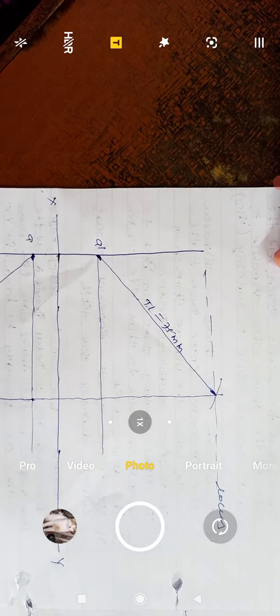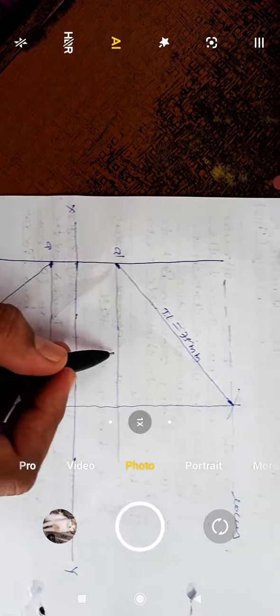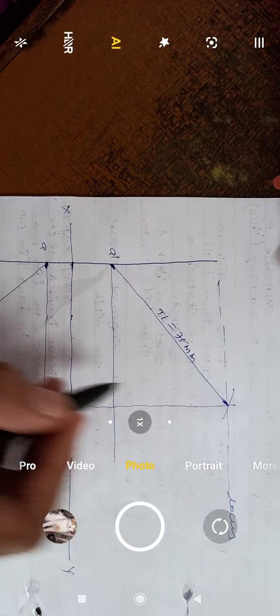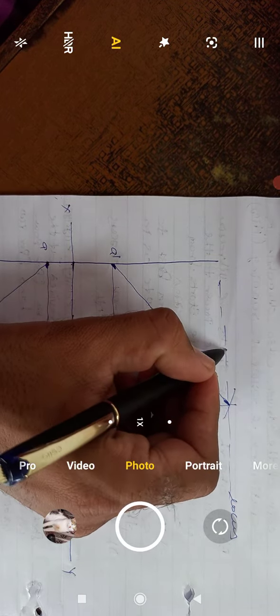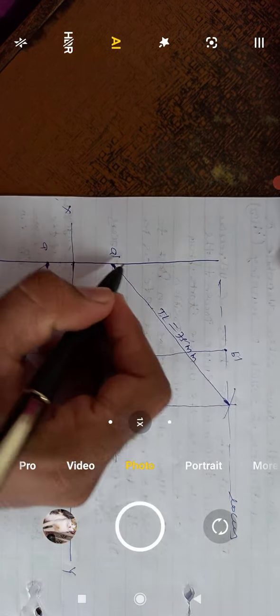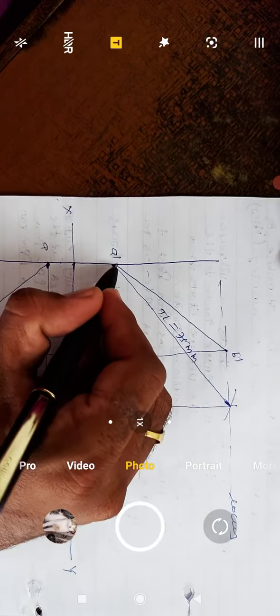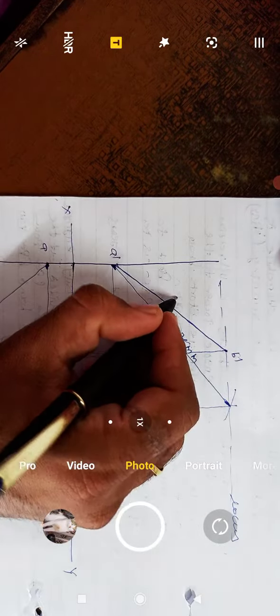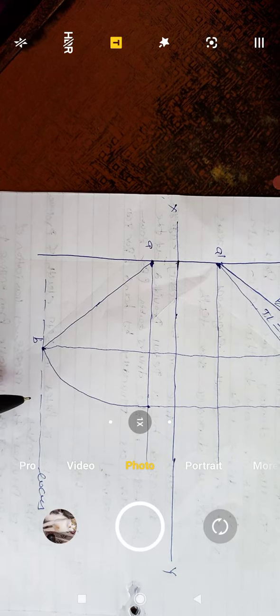Now from this point draw a vertical up to this which cuts this locus. So let us draw a vertical, which is cutting here. So this is B dash, this is A dash. Join these two points. This is EL.